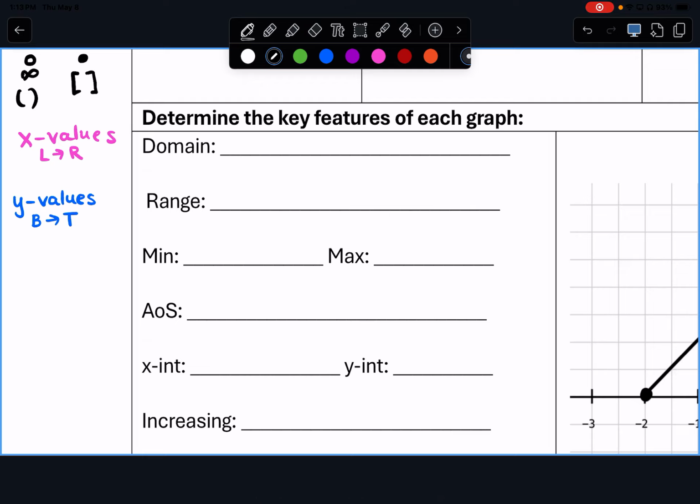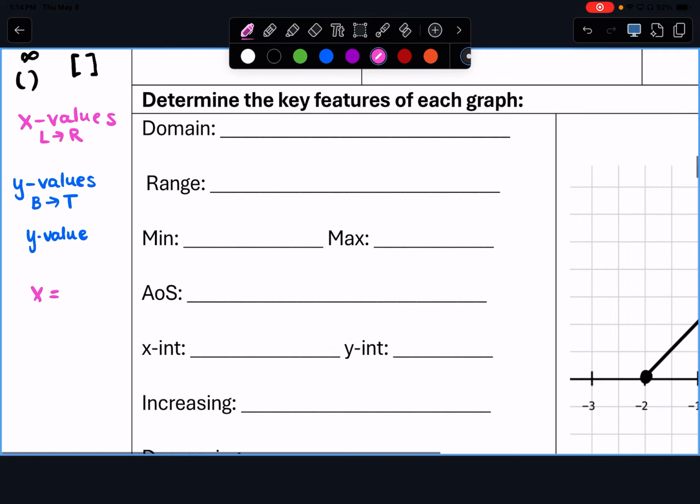Now, for minimum and maximum, it's just the Y value that is the greatest or the least. For axis of symmetry, we're simply going to do X equals whatever that axis is. Then for our intercepts, we are going to put the actual point of the intercepts, so we're going to look at both the X coordinate and the Y coordinate.